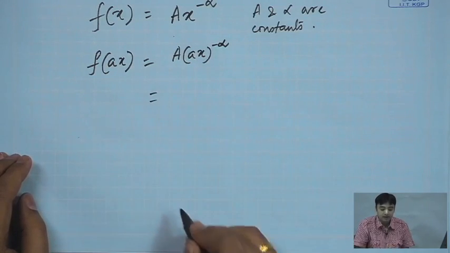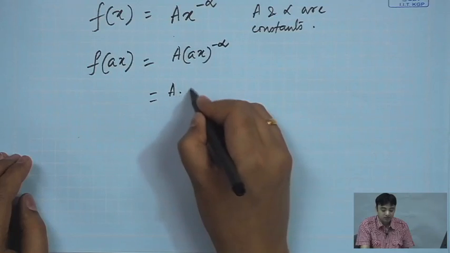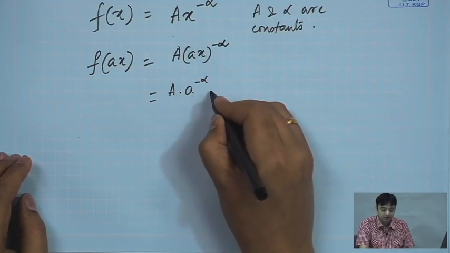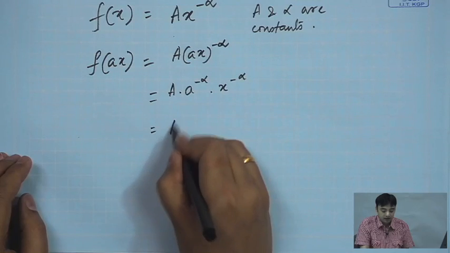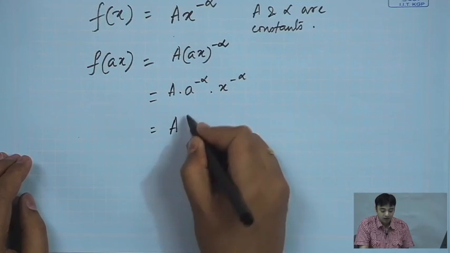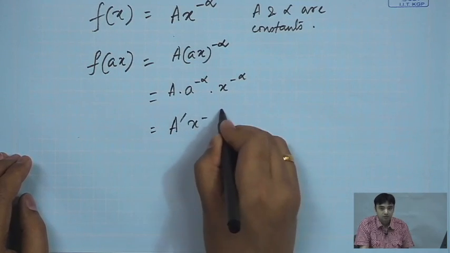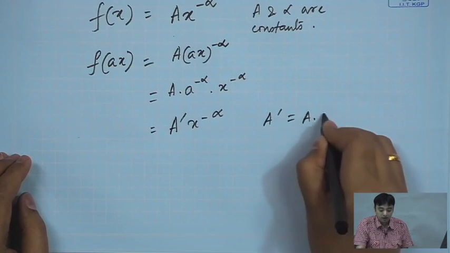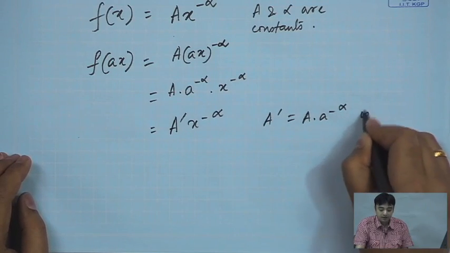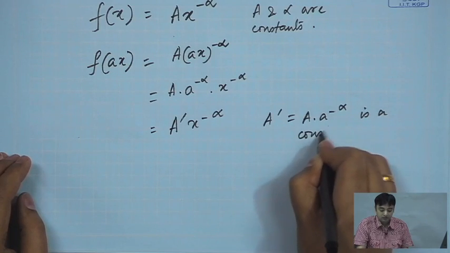This can be rewritten as a into a to the power minus alpha into x to the power minus alpha. Now, this can be written as some a prime x to the power minus alpha, where a prime is equal to a into a to the power minus alpha, is a constant.